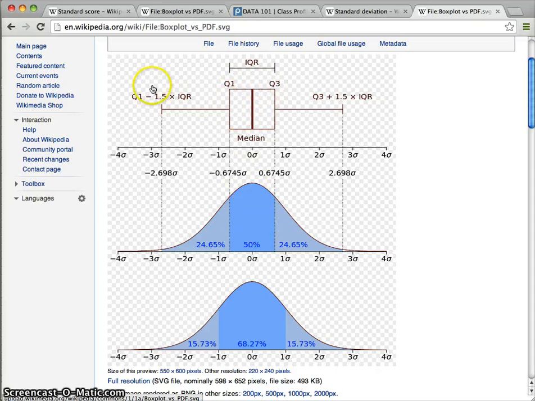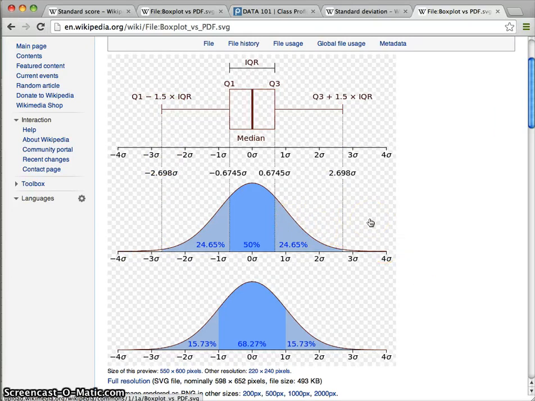Then our top and bottom values, which is Q1 minus 1.5 times the IQR, account for almost a quarter of the data, and the same thing on the top. Basically this once again lets us know that if we see things below this bottom or above this top, those are some pretty extreme values.